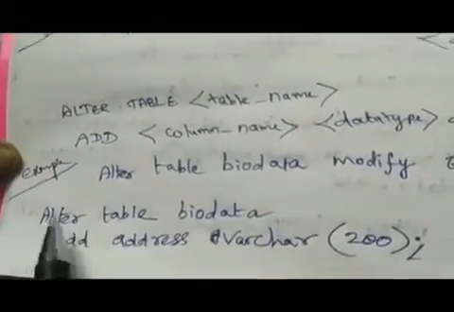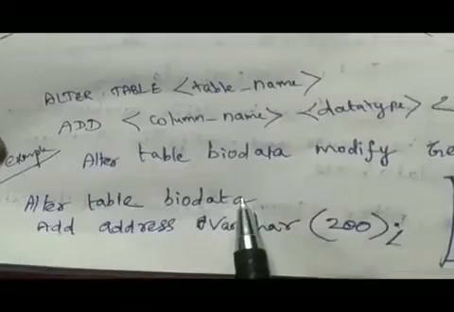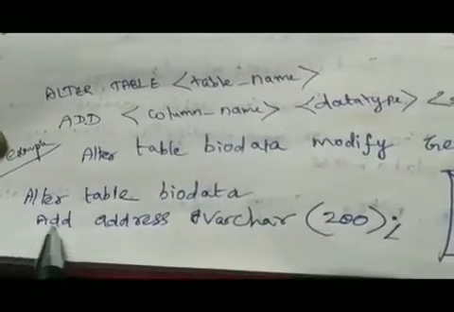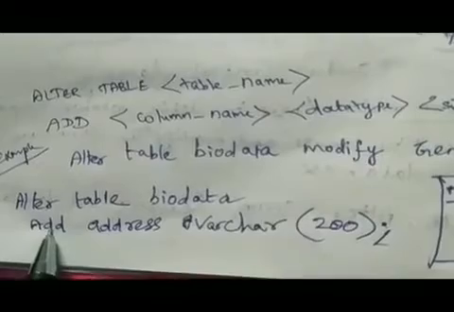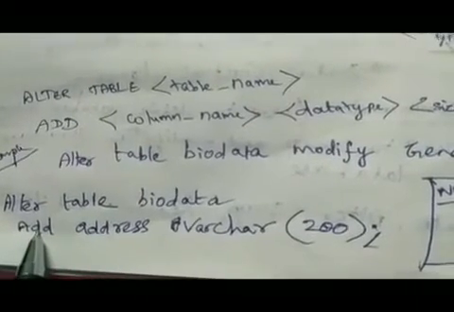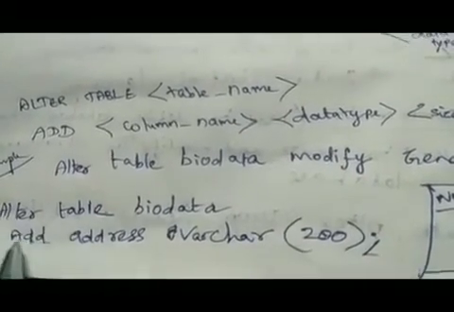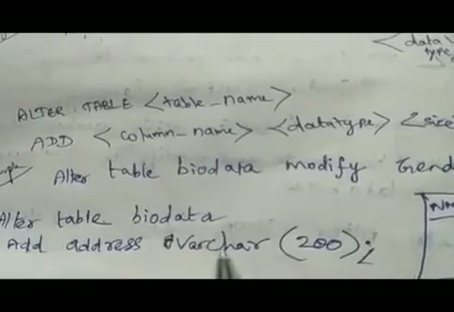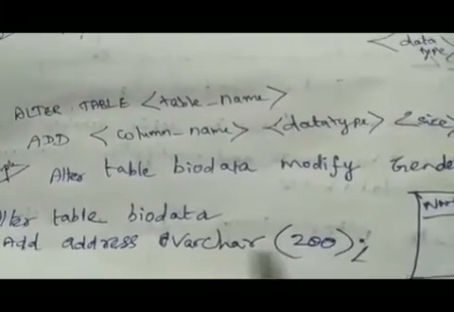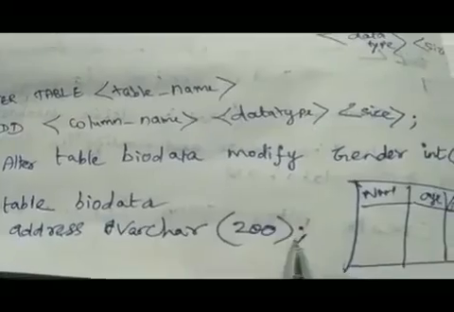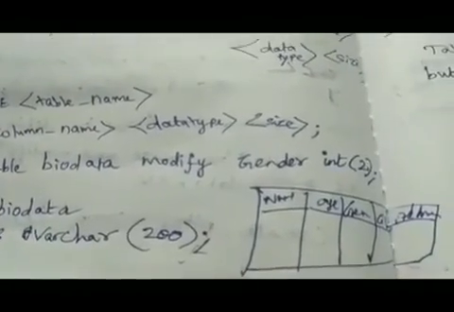So what have we done? Alter table, table name. We are going to either modify the data values or add a new column. How to add a column? With the help of the add command. Add, then column name, then data type, and then size of the column. If you want to add two or more columns, we can separate them by commas and add them as a column list.